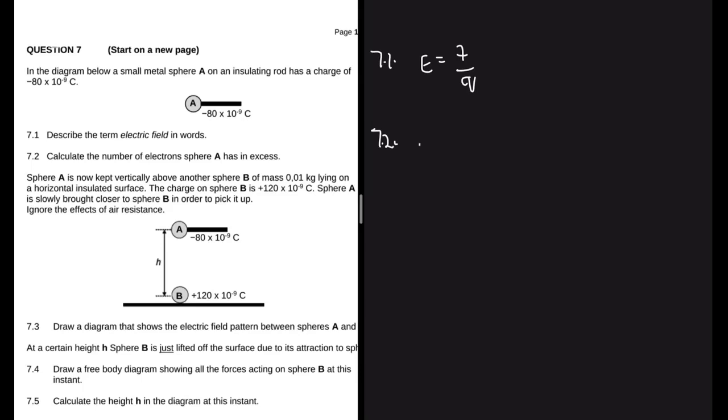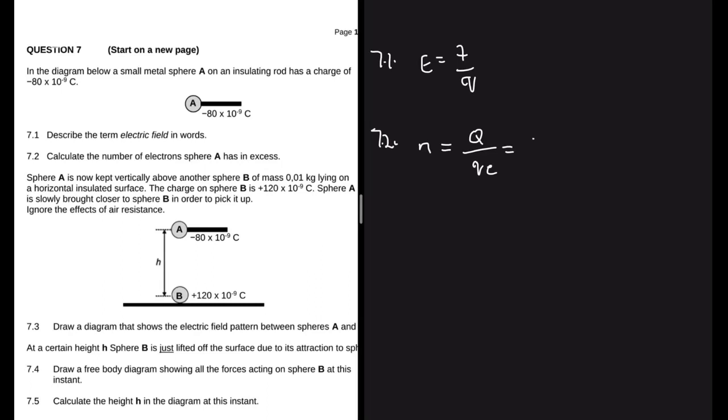So the number of electrons a sphere will have in excess will be equal to its charge divided by the charge of an electron, assuming it has a negative charge. Because if it has a positive charge, then it doesn't have any electrons in excess.